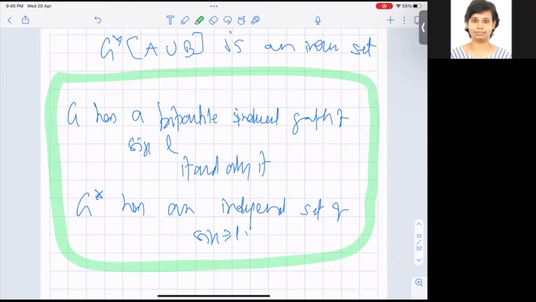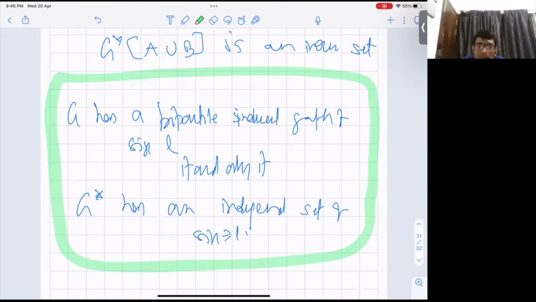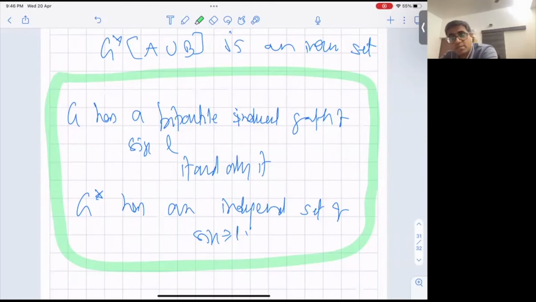Construct the graph G star and find the maximum independent set.